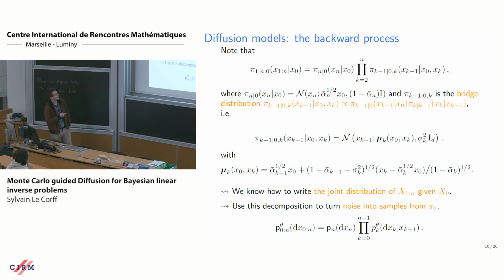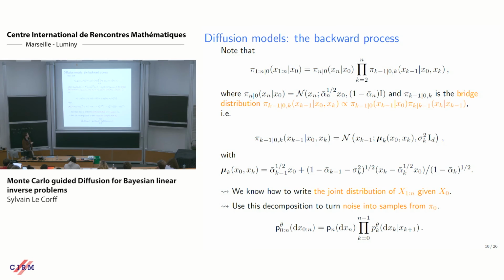And what you can remark is that you can decompose this joint law in a backward fashion, just using bridges, using the law at each time k of xk minus 1 given x0 and xk. You can write your joint law using only this distribution, and you can compute this quantity explicitly.